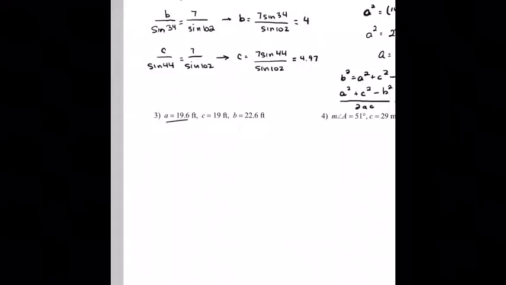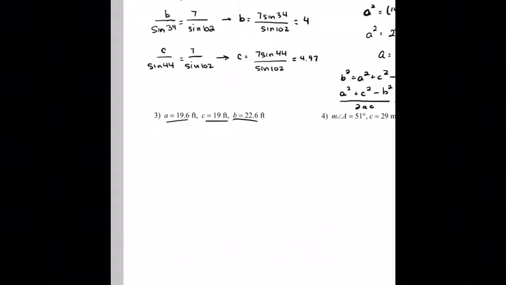So question 3 might be a little bit easier to see now. You have all three sides. We don't necessarily need to draw this on a triangle, but we still could. We could call it A, B, C. Side A is 19.6, side C is 19, and side B is 22.6. This is a side, side, side, which means we have to use law of cosines to find one of the angles.